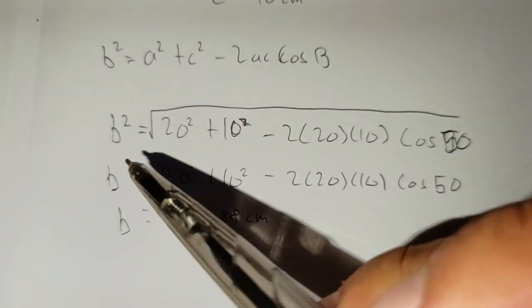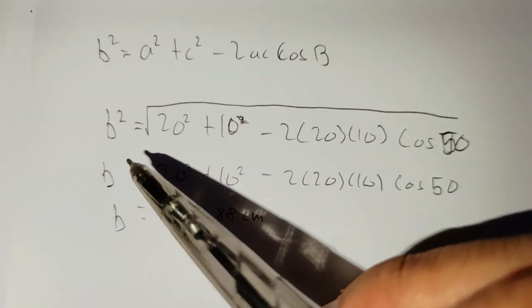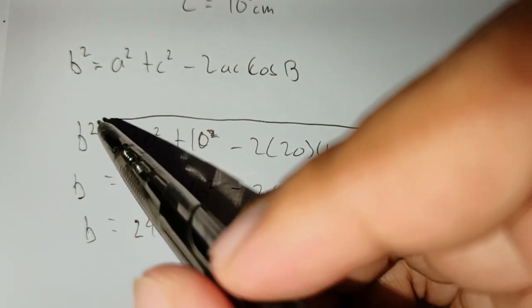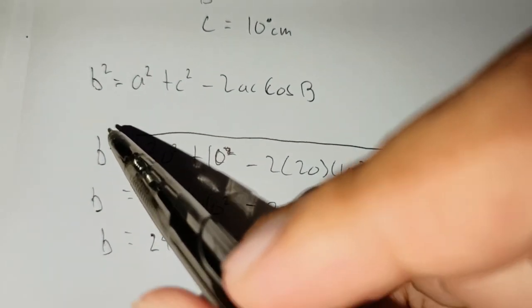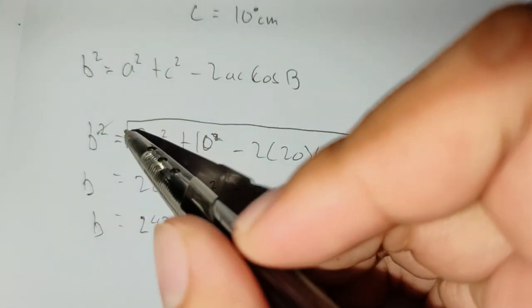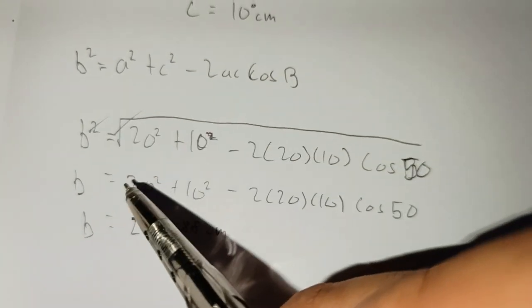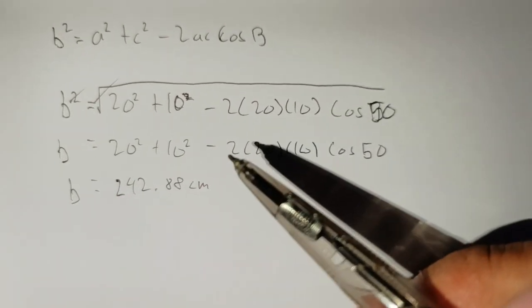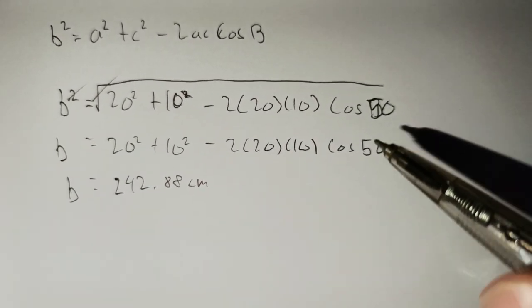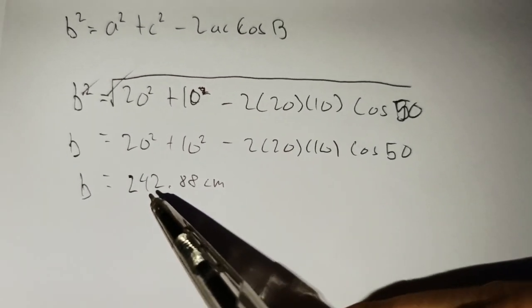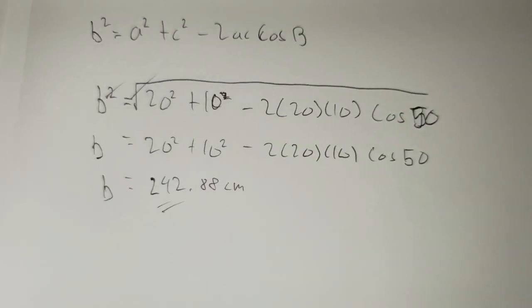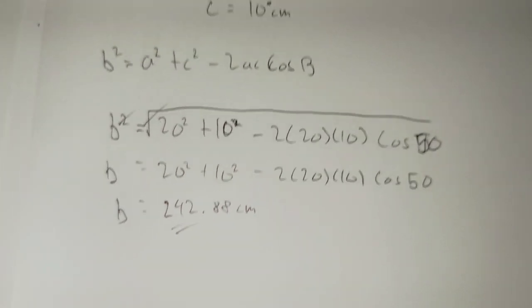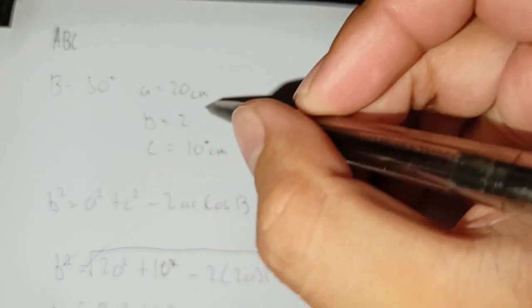Since the square root and the square are inverse operations, you can cancel them. And as usual, you need to use a calculator for it to be solved. So b is equal to 242.88 centimeters, where it's now completed.